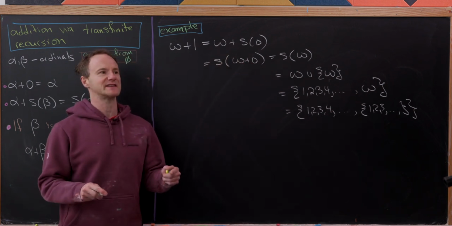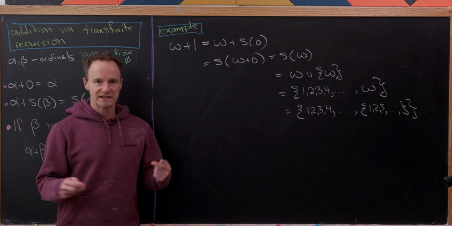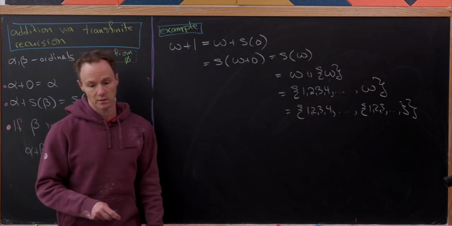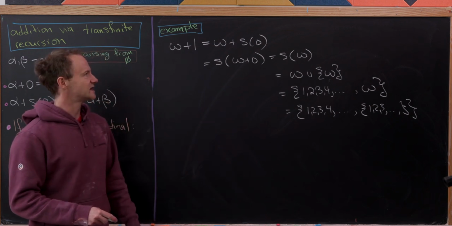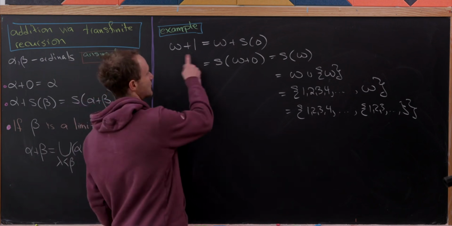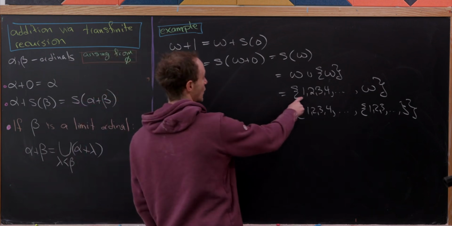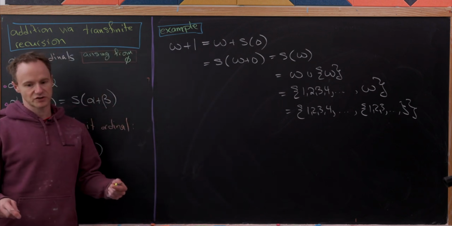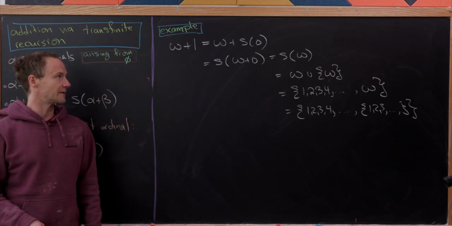But this is maybe the standard way to list everything inside of this set, which is omega plus 1. And that's because it gives some sort of ordering to it. Observe that omega plus 1 has this nice ordering. 1 is less than 2, is less than 3, is less than 4, and then all of the natural numbers are less than omega.